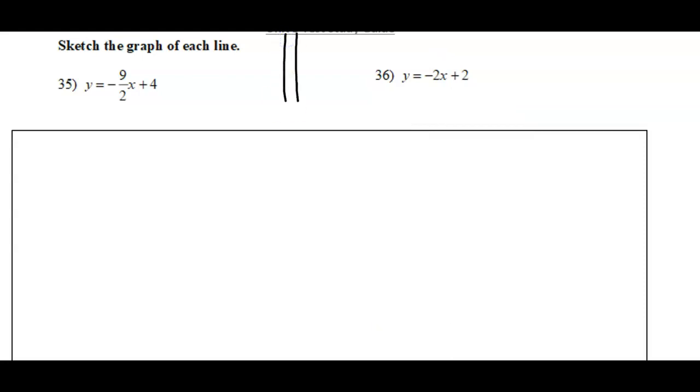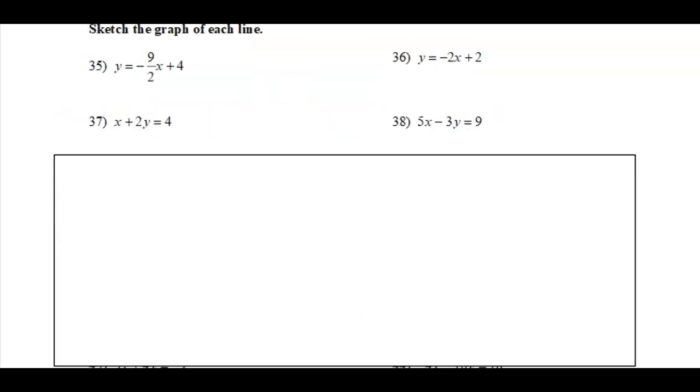Let's go ahead and take a look at number 38. So number 38 is another graphing question, but we need to fix it first. It's not in graph-ready form. We need to get the y by itself.